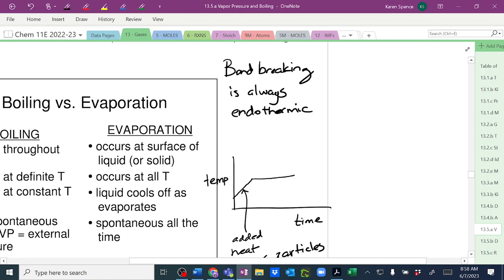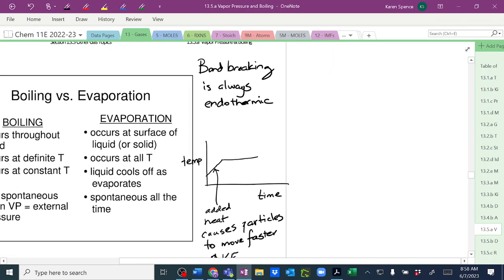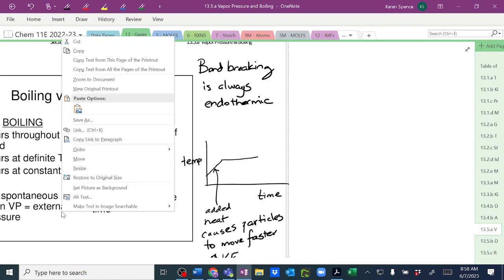As we continue to heat this substance, once we've gotten to 100 degrees, all the little water molecules, which are stuck together like the paper clips in this cup, are moving faster and faster, and that is increasing kinetic energy.